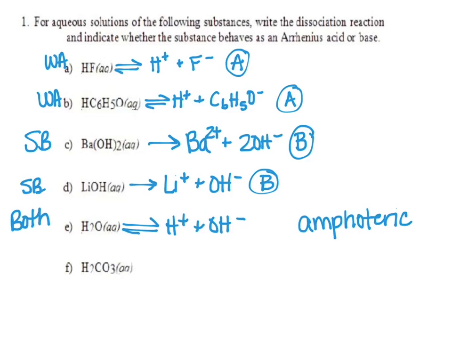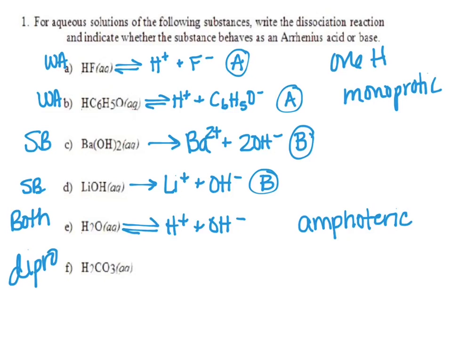And then the next one, what we've been looking at is if we only have one H, it is called monoprotic. Now we have come to where we have H2CO3, and this is diprotic. And if it has more than that, you'll see triprotic, or we just call them polyprotic, more than one proton. These will ionize in steps.